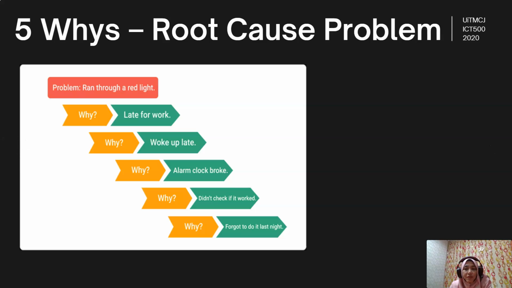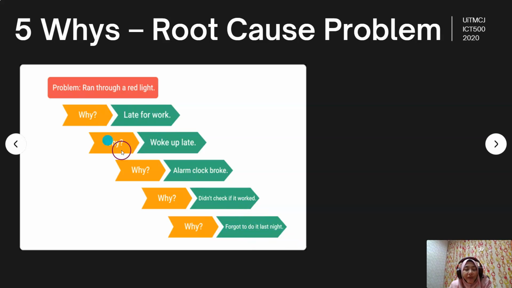In this stage, you need to define the reason or the problem. So you list all the reasons that we have. For example, late for work. Why were you late for work? Woke up late. Why? Because your alarm clock is broken. Why is your alarm clock broken? Didn't check if it works, so this is your fault, right? And then forgot to do it last night.